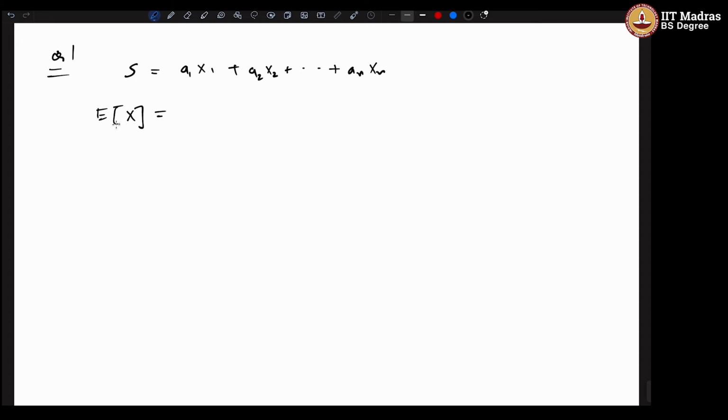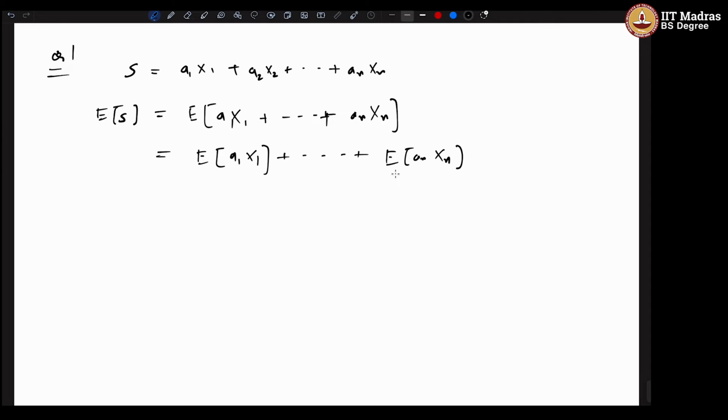So we know that for the expectation of S, we can write it as the expectation of a1 x1 up to an xn, and from the properties of expectation we can write it as the expectation of a1 x1 till the expectation of an xn.